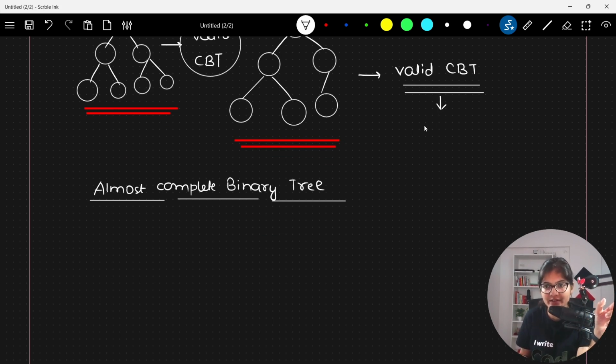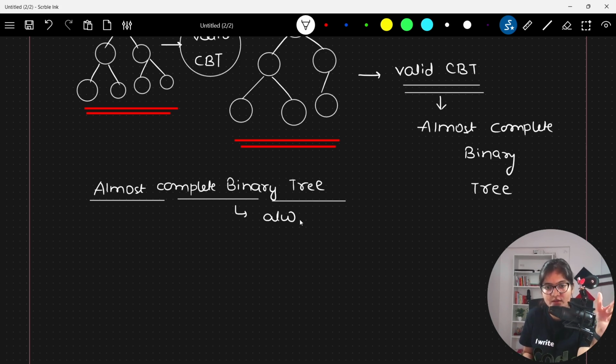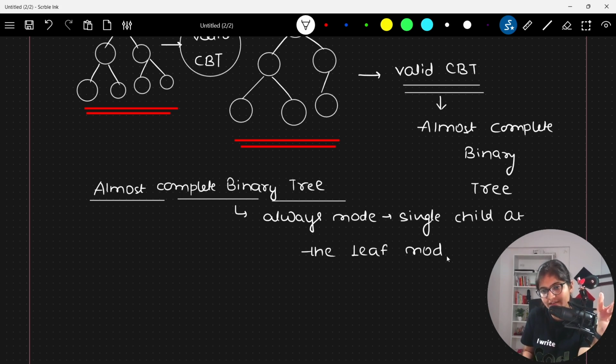For example, this is also called an almost complete binary tree. What is the meaning of that? That a node always has a single child at the leaf level. Simple thing that you need to understand.